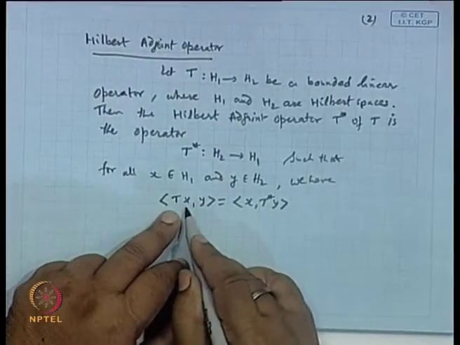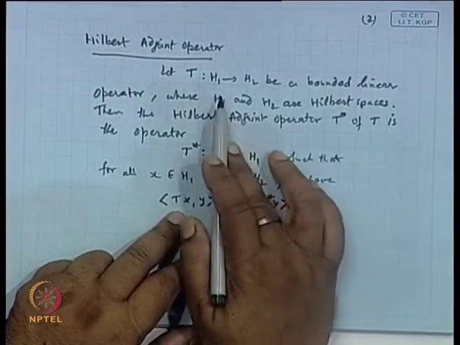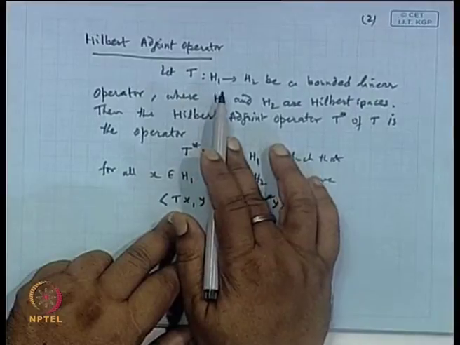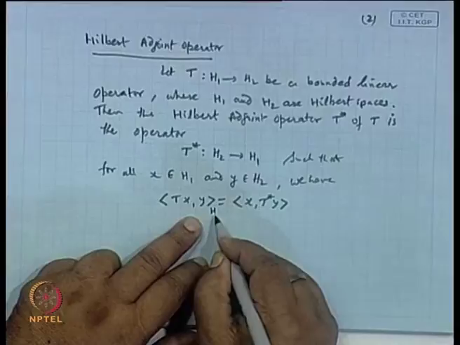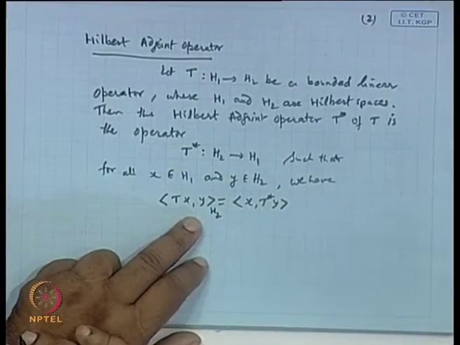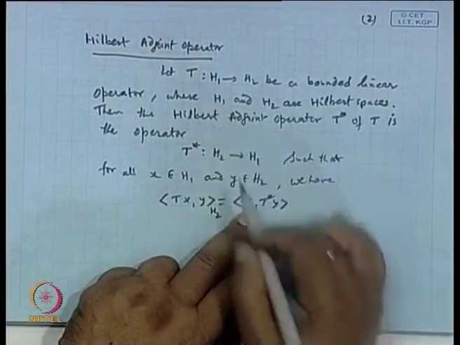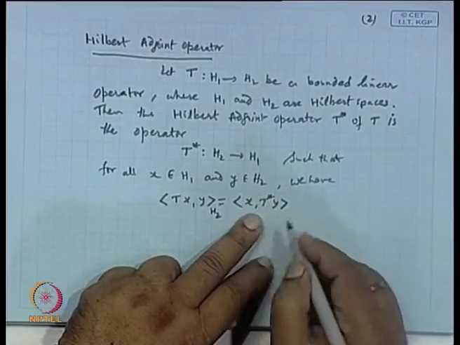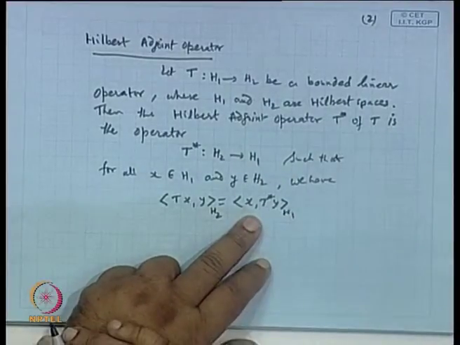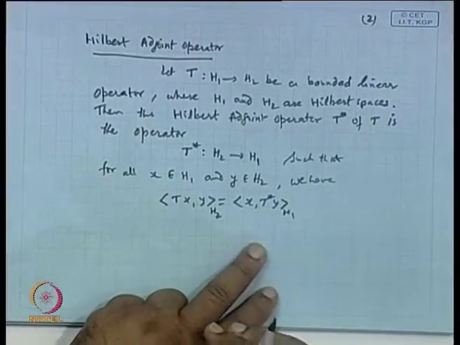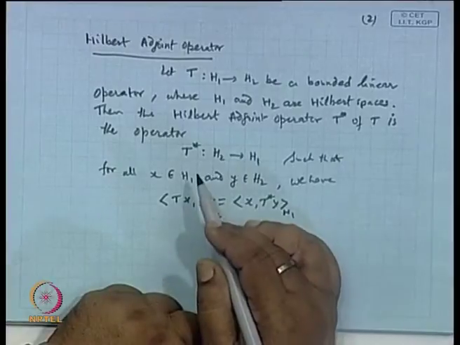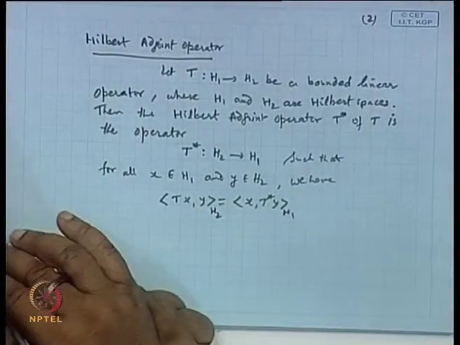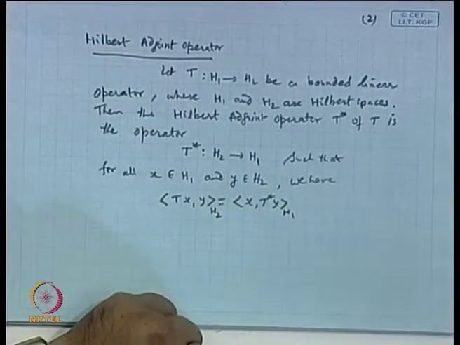Here x is a point in H1, T is an operator which maps elements of H1 to H2, and y is in H2, so this is the inner product of H2. x is an element of H1 and T star is a mapping from H2 to H1, so this is the inner product of H1. So both are well-defined inner products. Now, when these two values are identical, then we say an operator T star from H2 to H1 is the Hilbert adjoint operator T star.